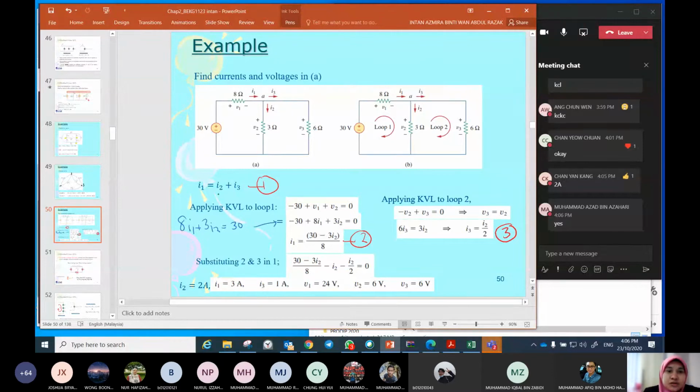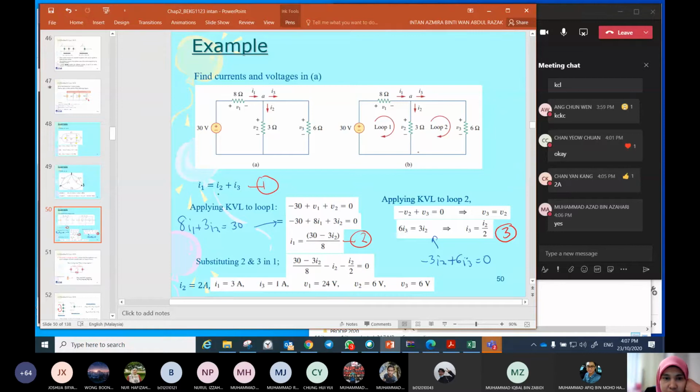Okay, this is your first equation, and then this is your second equation, minus 3 I2 plus 6 I3 equal to 0.